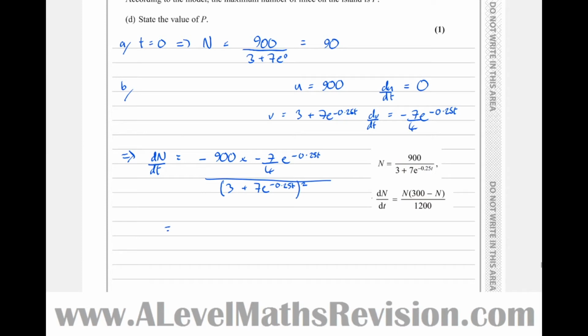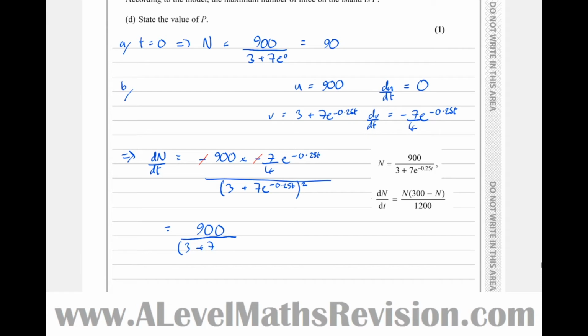So let's try and split this up into two different things. We want to get an n times a (300 minus n) over 1200. So first of all, notice that these two minus signs cancel each other out. And I'm going to separate out this fraction. It says 900 times the top there. Well, I'm going to take the 900 and put it over one of these denominators. We've got two denominators multiplied by each other, (3 plus 7e to the minus 0.25t) times itself, so one of them is going to go there.